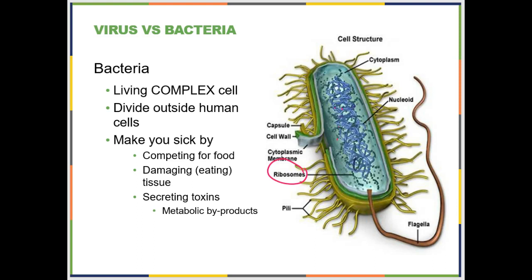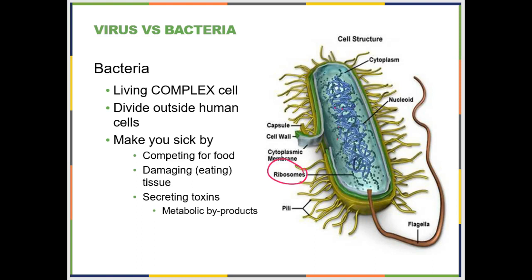It is almost as complicated, maybe even in some ways more complicated than a human cell. But all of the processes that go on to support life are going on inside of the cytoplasm. So all sorts of synthesis reactions, degradation reactions, all kinds of biochemistry, breaking down food, generating ATP, pretty much anything that your cell does, a bacterial cell does.